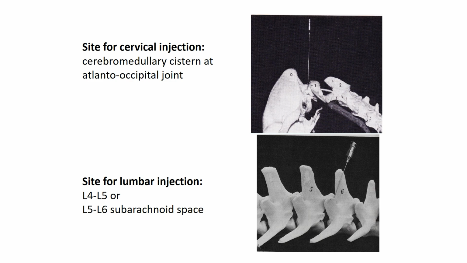The site for cervical injection is the atlanto-occipital joint, and the needle is passed through this joint toward the foramen magnum into the subarachnoid space.